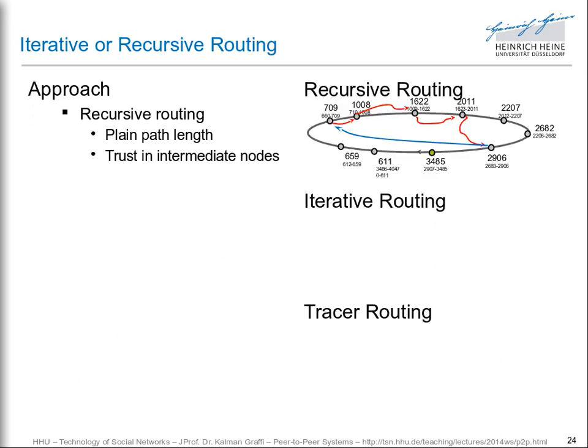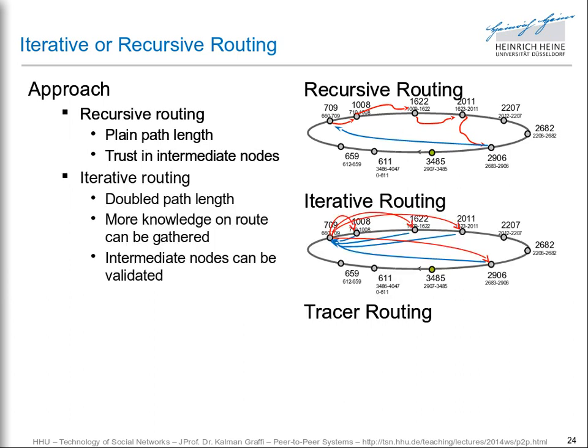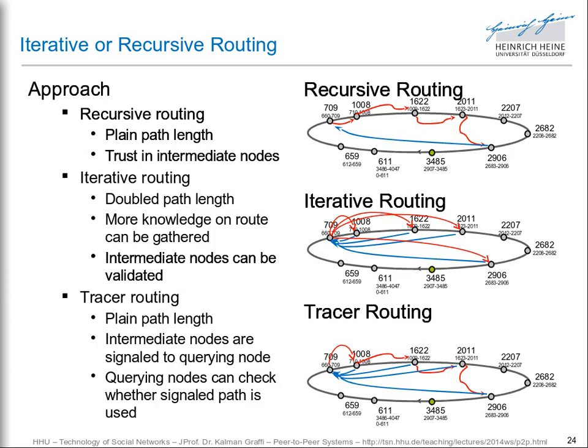Okay, so now, how can we route in our overlay? We have different ways to route. We have three approaches. First of all, the recursive routing. This is used in Chord, CAN, and Pastry, for example. Here we have our Chord ring.